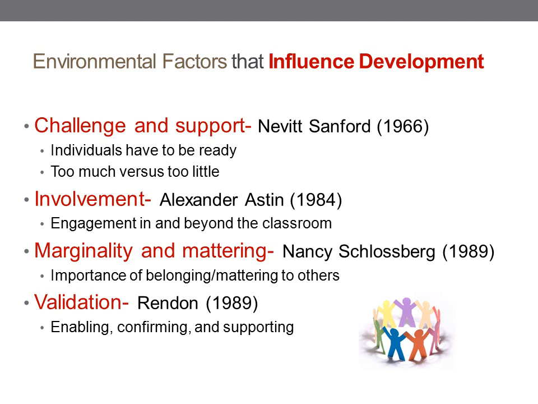Alexander Astin talks about involvement being a really key piece to student growth and progress. When they're engaged in and beyond the classroom, when they're in extracurriculars or involved in the co-curricular setting, that's really what's helping them retain at the institution, to promote retention and keep them from dropping out. Marginality and mattering are both really important in terms of this sense of belonging.